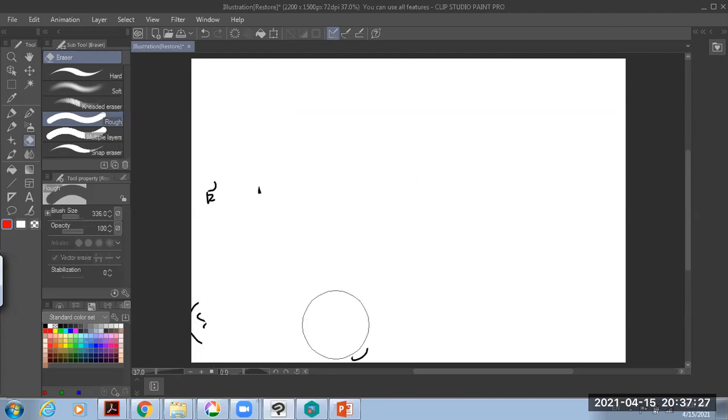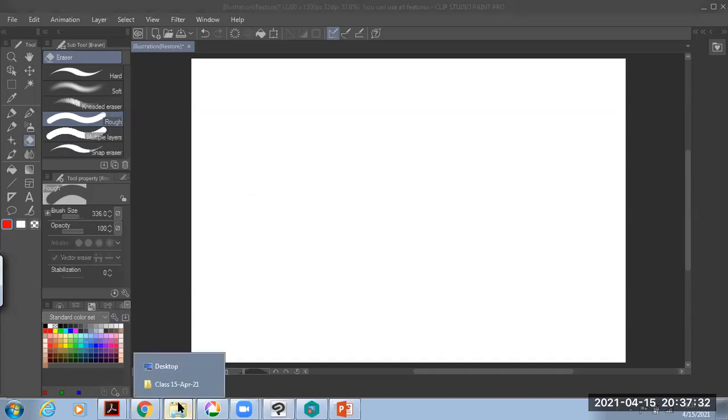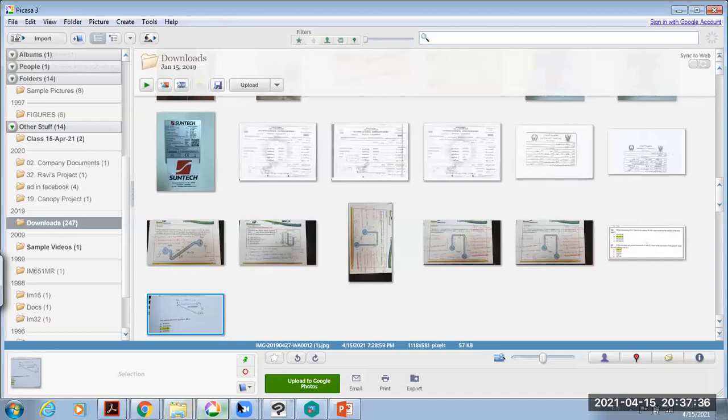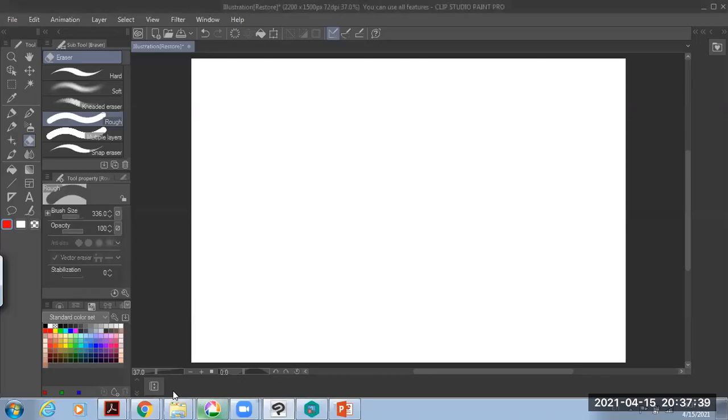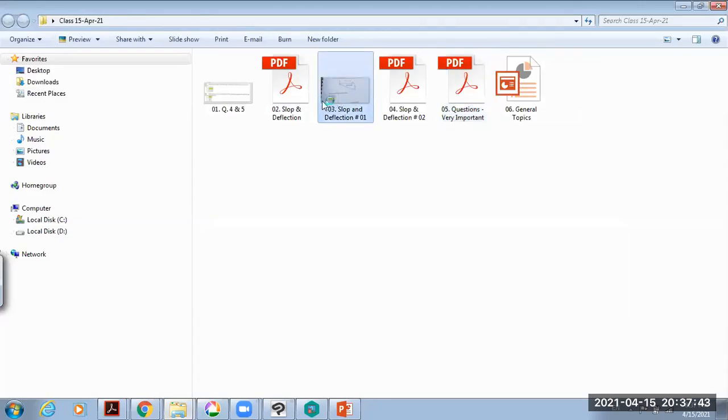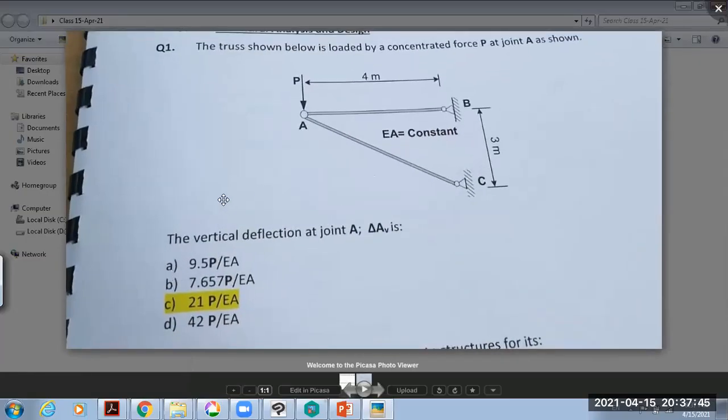You have a question from a previous exam. It tells you the truss shown below is loaded by a concentrated force P at joint A as shown.